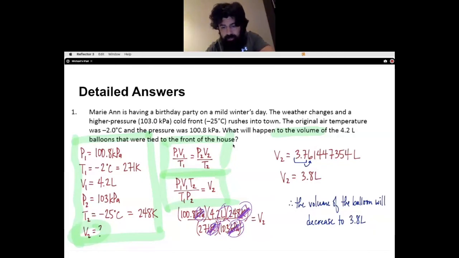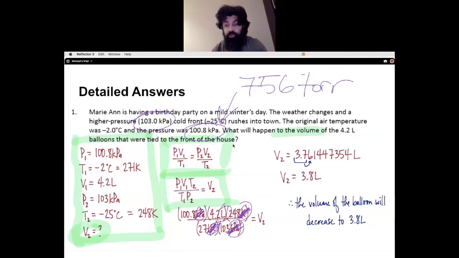Technically, here's one of the pressure units. I give you 103 kilopascals. But what if I gave you this as 756 torr? And you substitute it into this formula. We're going to substitute it here, 760 torr, as this is a hypothetical.